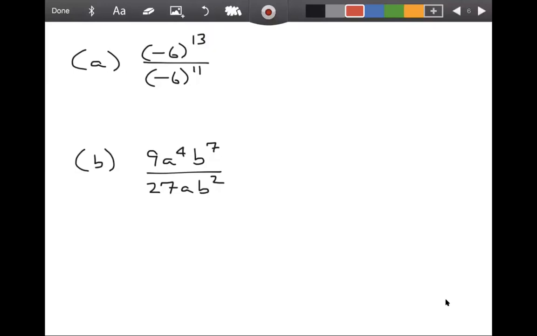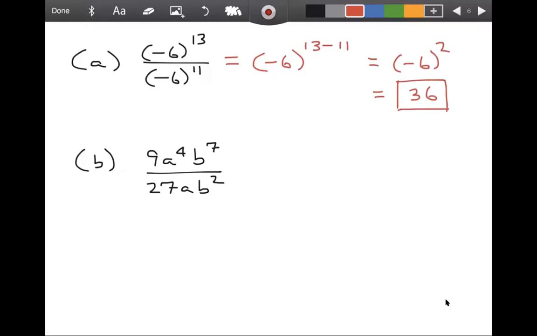So this problem is actually much easier to do without the calculator if you know the quotient rule, because the quotient rule says that this is equal to -6 to the power 13 minus 11. 13 minus 11 is just 2. All right, and you can tell without the calculator that the second power of -6 is 36. It's positive 36 because remember it's -6 times -6.